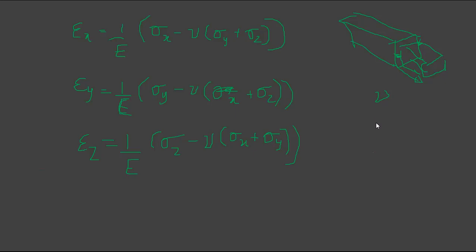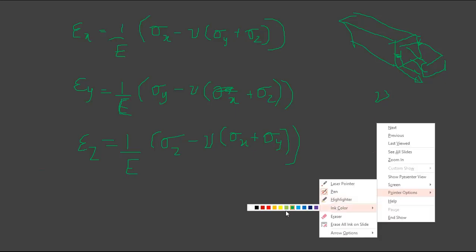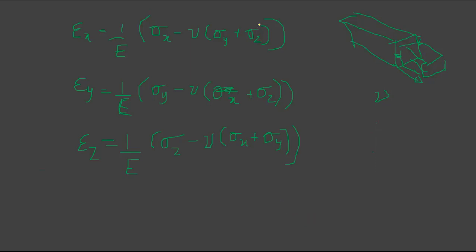Let's say something like this, right? So where you have sigma, you have the xy plane, but the sigma z is 0, and that comes under plane stress conditions. Let's say this is 0, 0, 0, 0. This would give you a very important result.